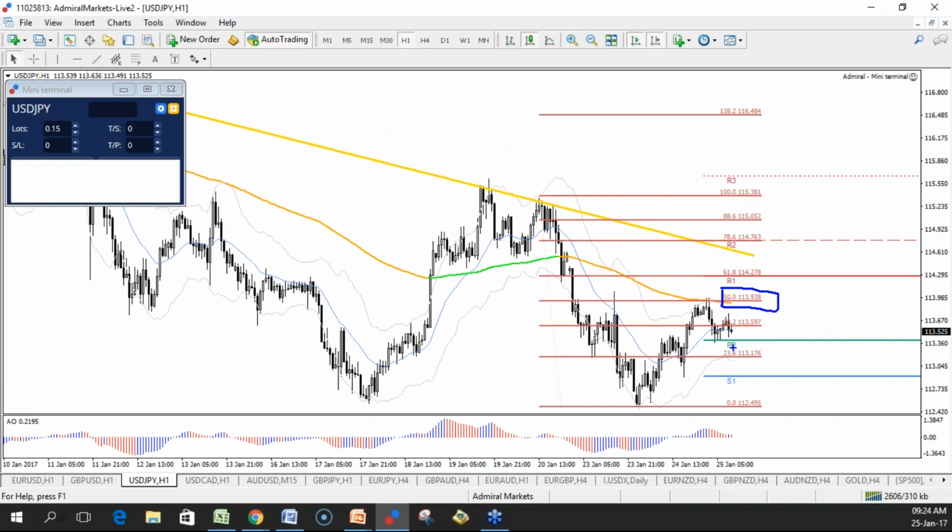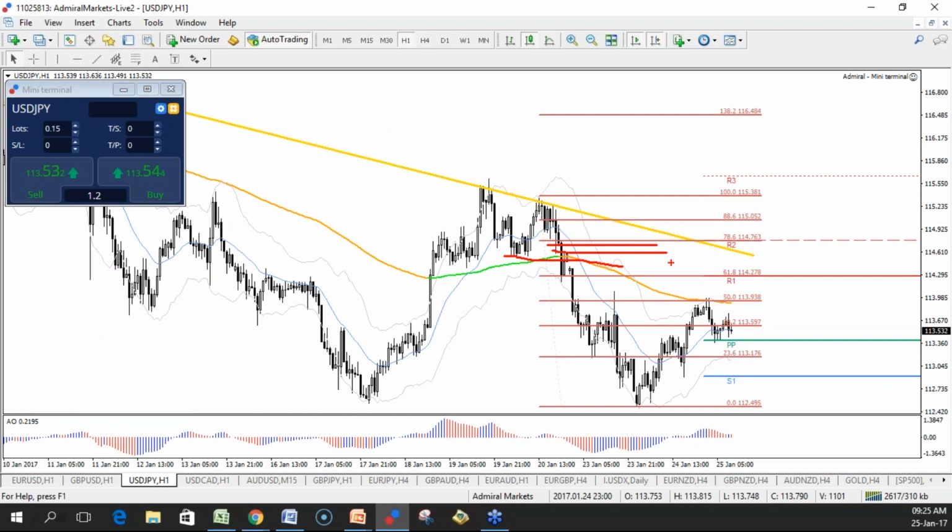That could have been one way, looking at the 50 or 38.2 fib, putting the stop loss above the invalidation level, which would be this bottom or this bottom, somewhere above the 61.8 or the 78.6 fib, and putting a pending order at the 38 or 50 fib, for instance. That could be one way.